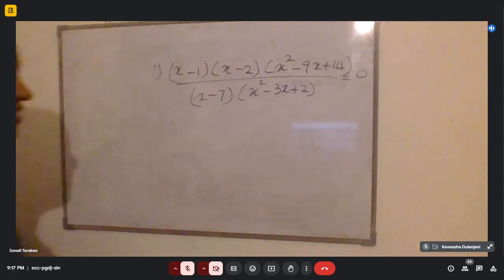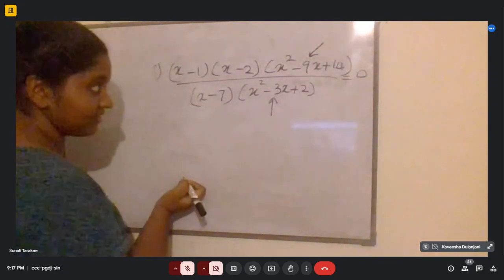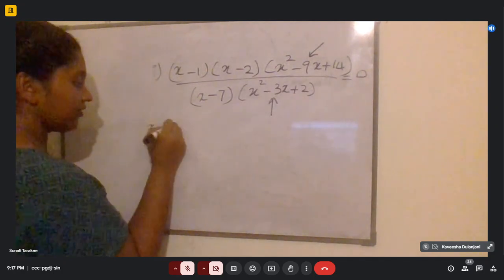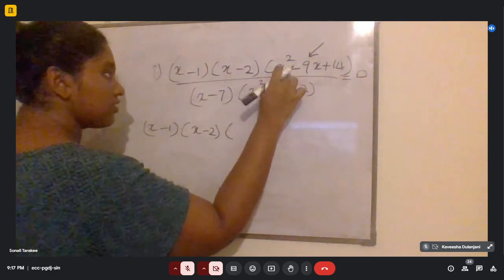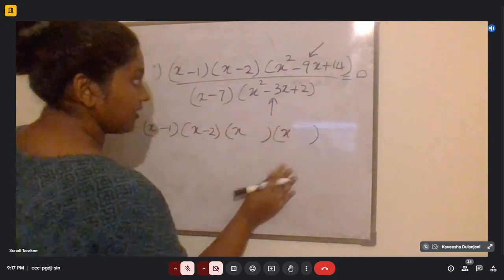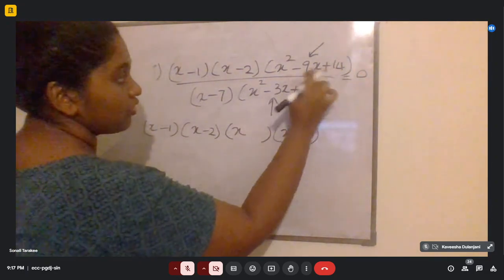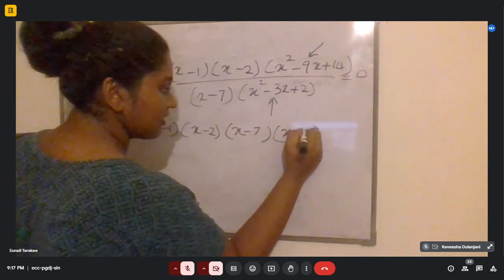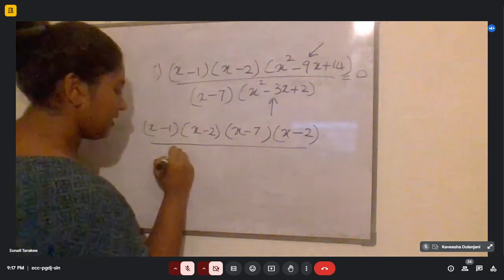Now the easiest method is you can factorize these quadratic expressions. So what you can write is x minus 1 times x minus 2. Now 14 comes by 7 times 2, so minus 7 minus 2 gets minus 9. So here x minus 7, x minus 2 over x minus 7.